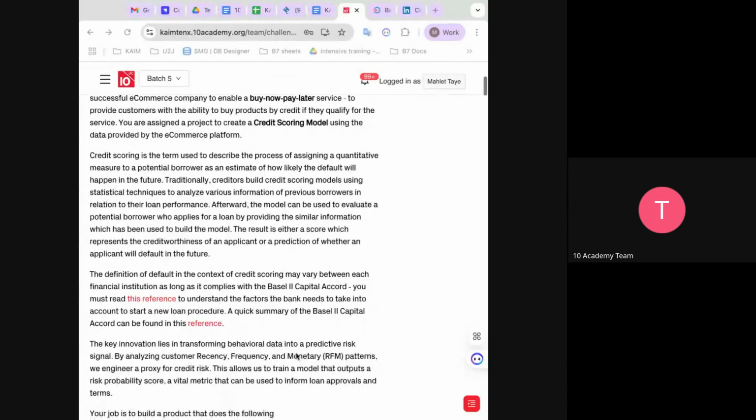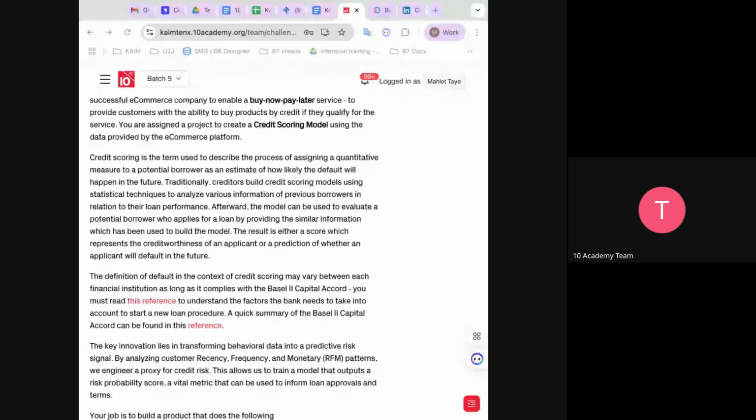You can understand more about them from the reference attached here. And the key innovation, or the key thing we need to do in this specific challenge, is to transform this behavioral data into a predictive risk signal.